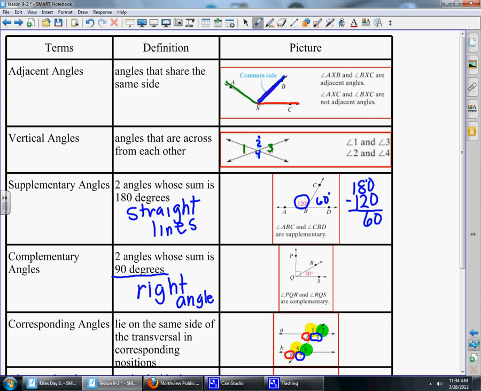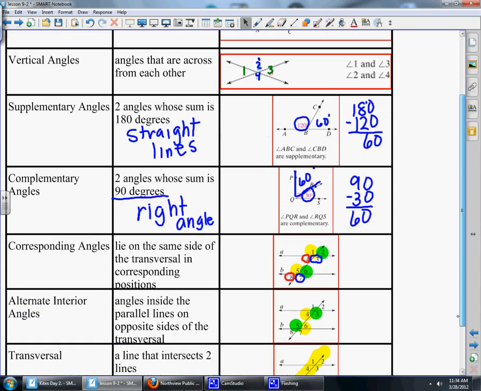They make a 90-degree angle. So to find the measure of angle PQR, we would take 90, because that's how many degrees are in a complement or a right angle, and we would subtract 30 from it, which means that angle PQR would equal 60 degrees.